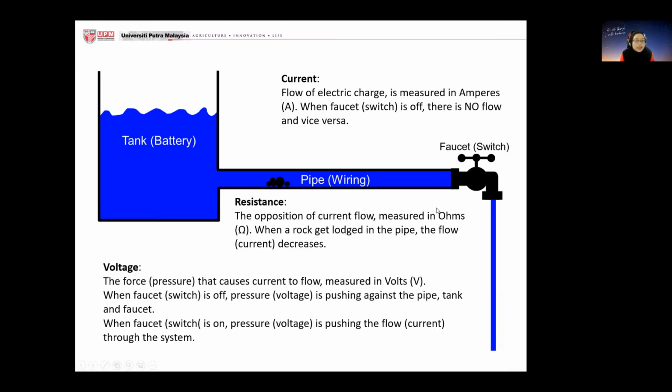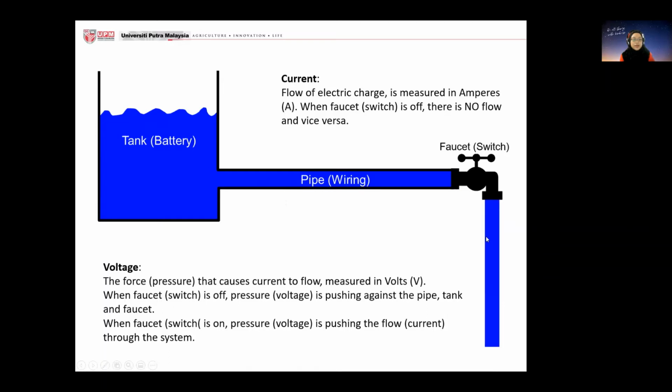Now the third one is resistance. Resistance is actually the opposition to current flow, and you measure that in ohms. For example, in this representation, imagine you have a couple of rocks here, and when you have that rock, it's going to get lodged in the pipe, and the flow will decrease.